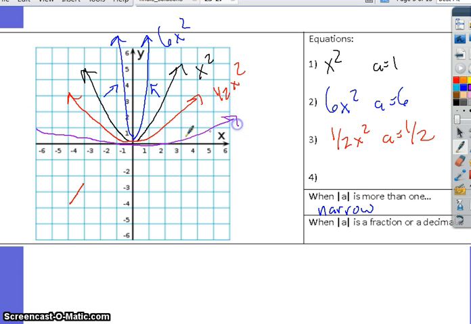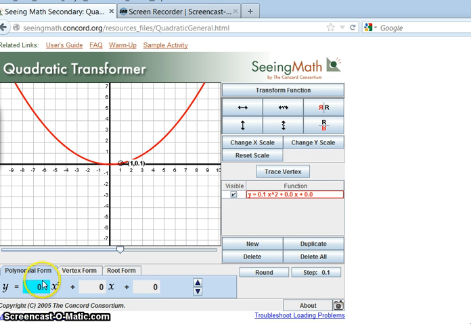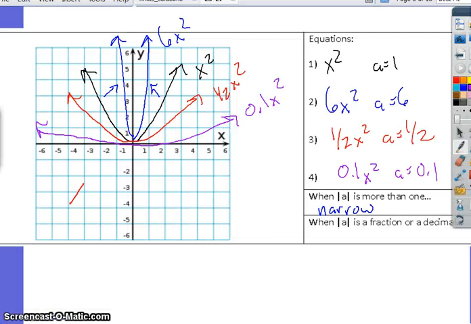That's really super wide. 0.1 x squared, and that's a decimal. A is a decimal. So when that's a decimal, I have a wide parabola. If I want a wide parabola, that means that a, the number in front, has to be a decimal. So here were two narrow parabolas because a was more than 1, and here are two wide parabolas because a is a fraction or a decimal.